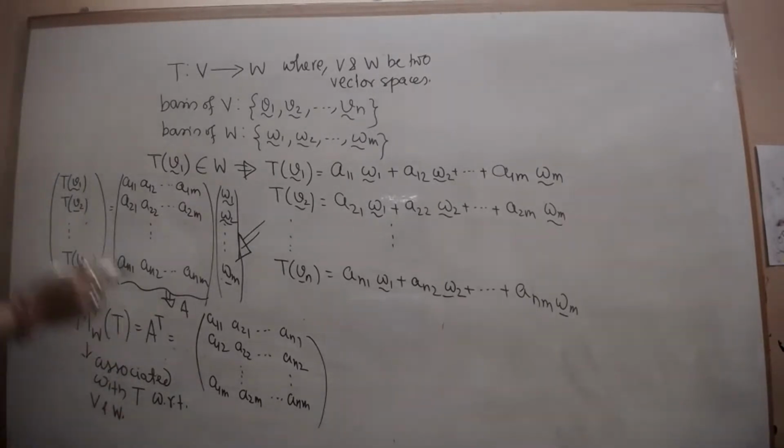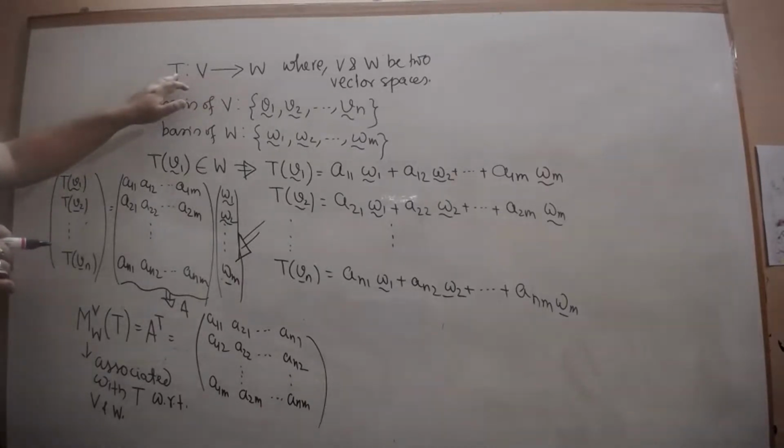So from here we see that a linear transformation provides a matrix. If you have a matrix, you can easily define a linear transformation.